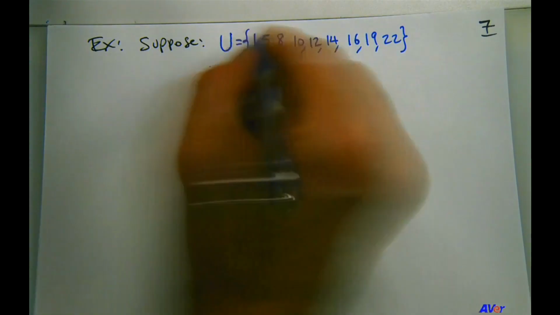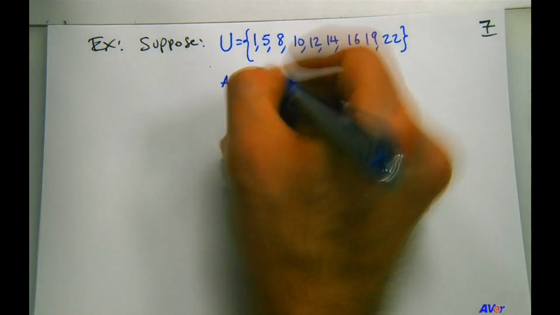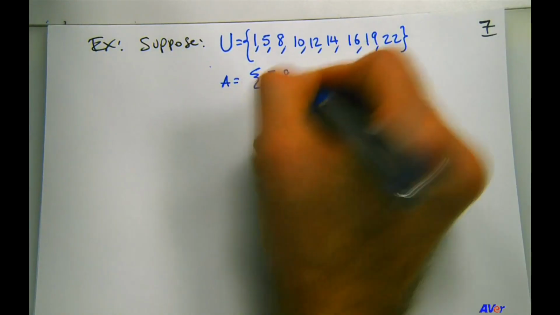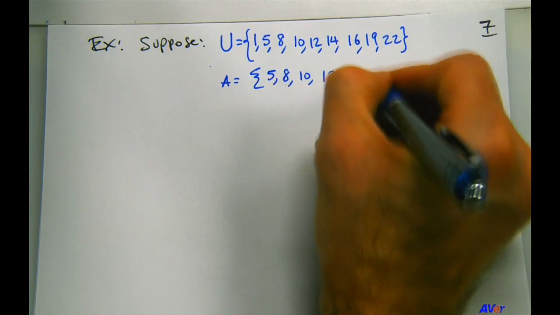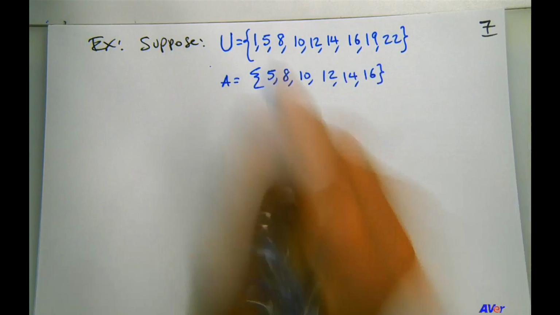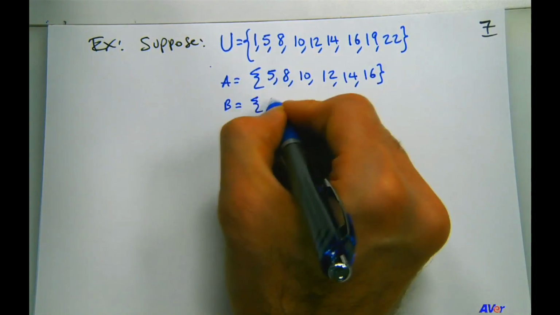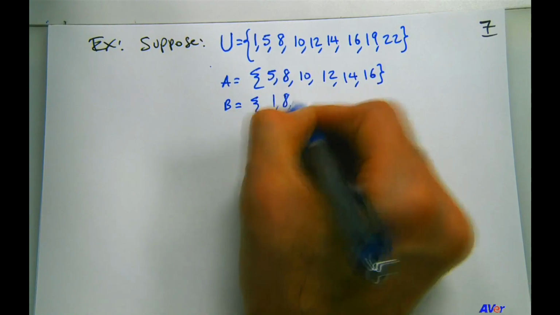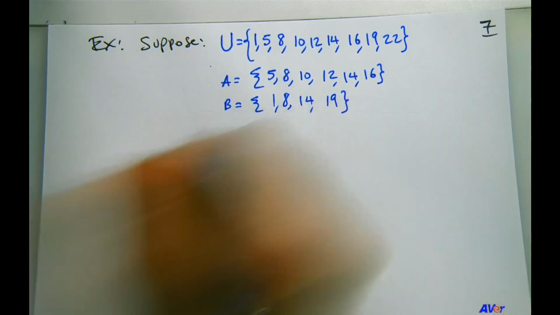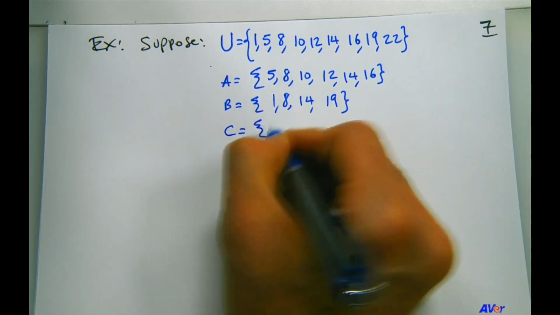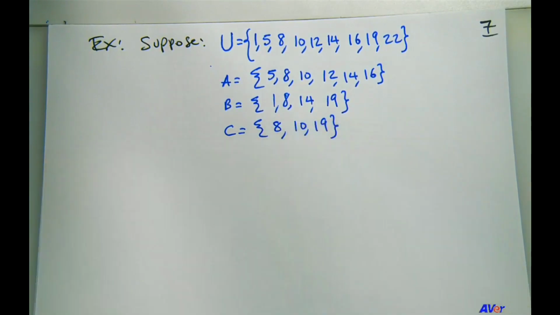Then given that, suppose we have A as 5, 8, 10, 12, 14, and 16. That's how we define set A. Let's define set B as 1, 8, 14, 19. Let's define set C as 8, 10, and 19.